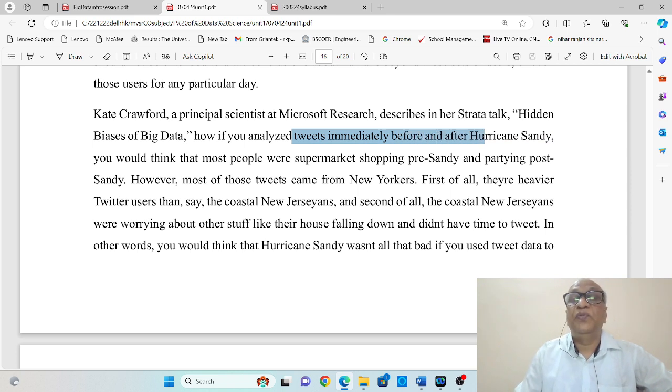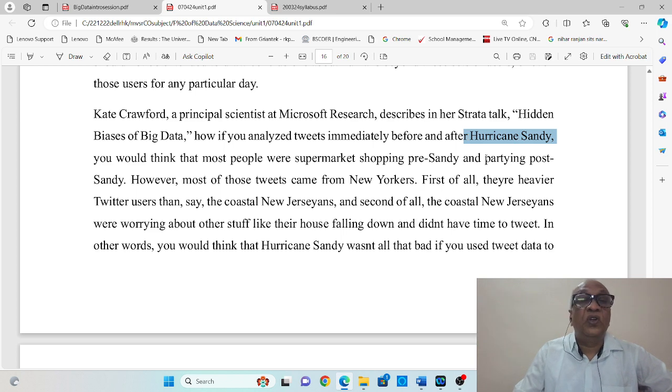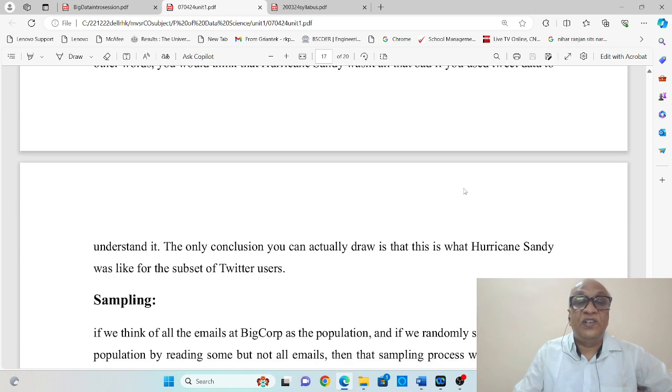You took the tweets before and after the hurricane. Now this analysis may go totally wrong, because these tweets are not of the people who experienced the hurricane, because they might be pretty busy tackling the situation. These tweets may be of other people at other places who might not have been impacted at all. So, sometimes this is very dangerous.